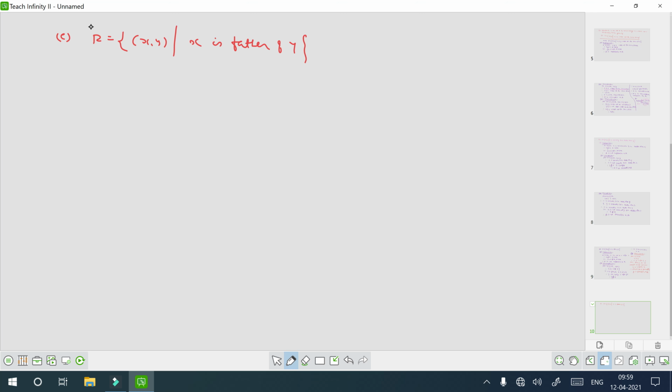On the same line is our social relation. x cannot be father of x itself, himself. First one, reflexivity. What do we have to write? For x belonging to A, x cannot be father of x.